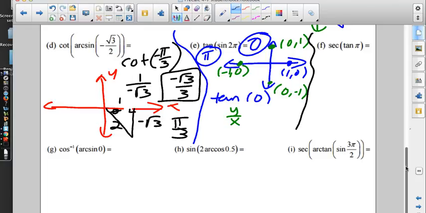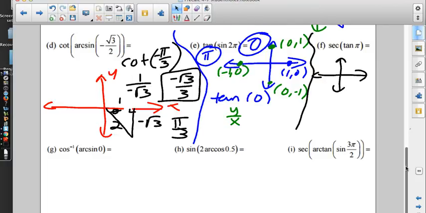Letter F. Tangent of pi. Didn't we just talk about that? Tangent of pi, we're out here at negative 1, 0. Y over x, it's 0.